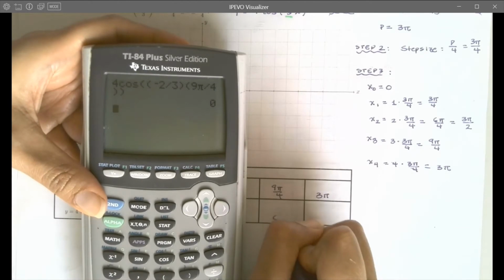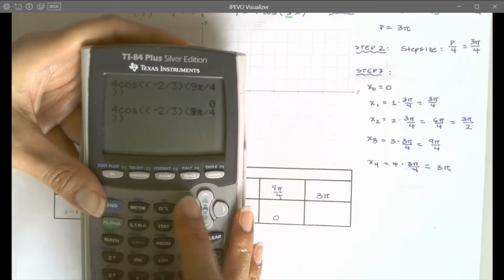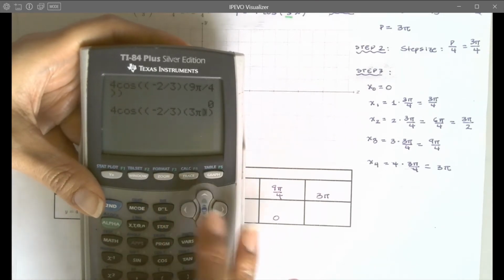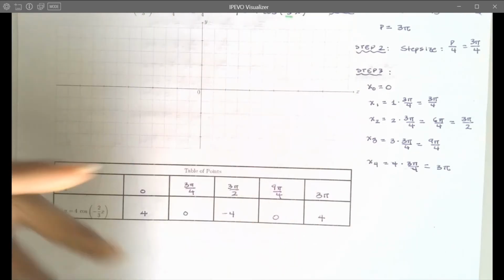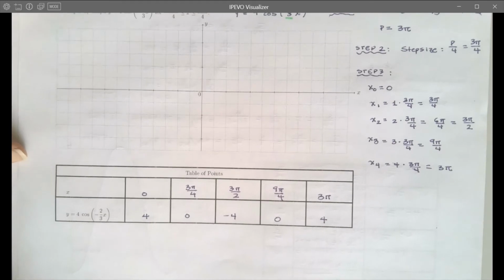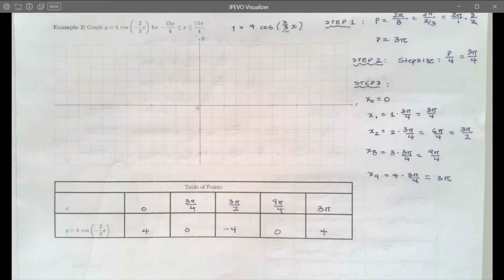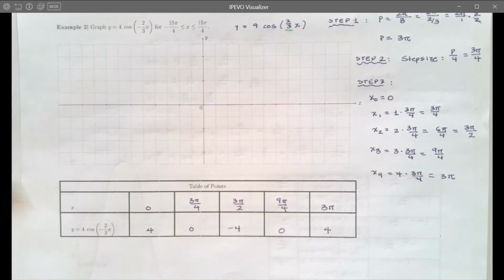That gives us a 0. And finally, we're just going to have 3 pi. So I'll change this to 3. And we get a 4. And notice these values are not kind of a surprise to us. We chose the x value so that it would give us the highest point, lowest point, and zeros. So the fact that they're coming up nicely this way is a good sign.